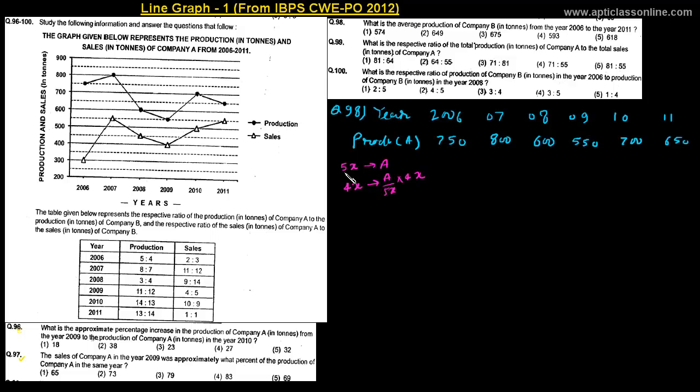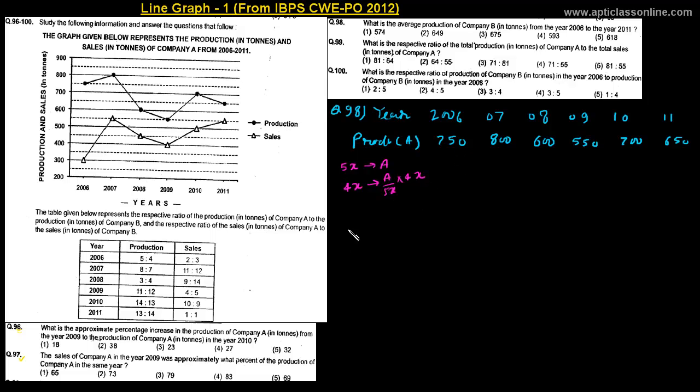We only know the value for A, which is equivalent to 5x. So 5x is A, so 4x is A divided by 5x, multiplied by 4x.